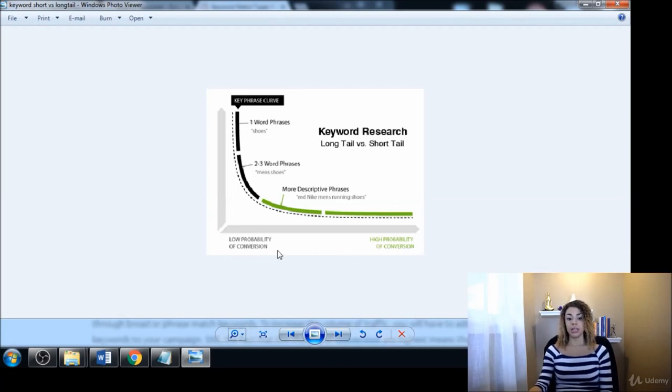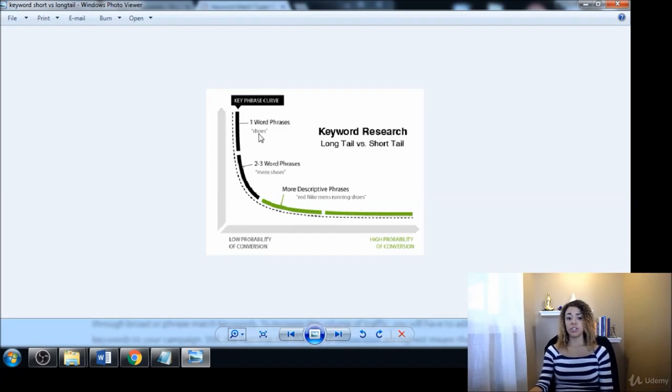And of course, you can see here as we go along this curve, the chances of you converting these people also increase, because that is a term that buyers are looking for, right? Someone that is ready to buy a new pair of tennis shoes is looking up, I want red Nike men's running shoes. So they know exactly what they want, and they're closer to being ready to buy.